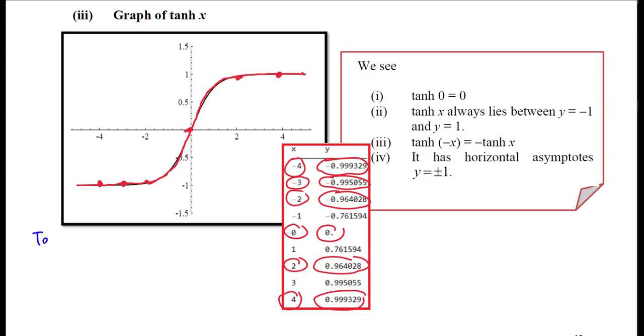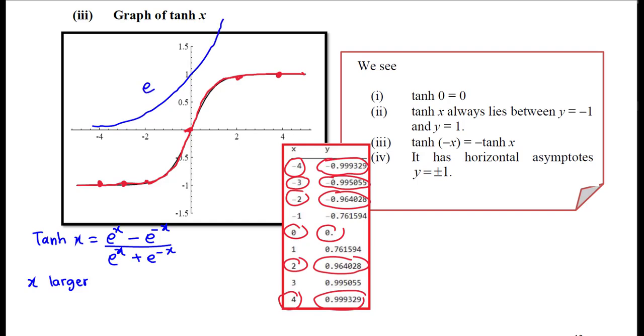Hyperbolic tangent x equals e power of x minus e power of negative x, divided by e power of x plus e power of negative x. When x is larger, we sketch e power of x, and we get it like this. This is e power of x, and this one is e power of negative x.